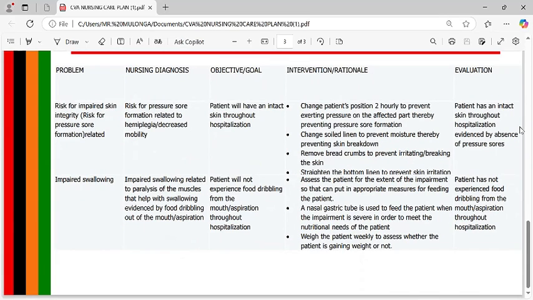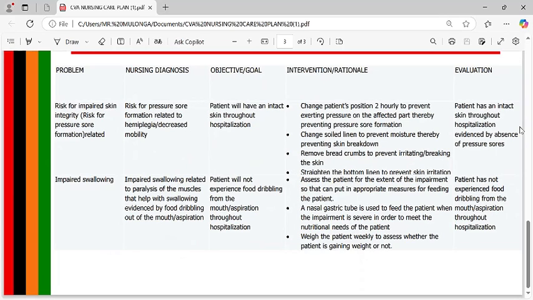And this paralysis can also affect the muscles on the neck, or the muscles that are used to swallow. So they can affect the larynx, the pharynx, the trachea, the muscles of the esophagus.